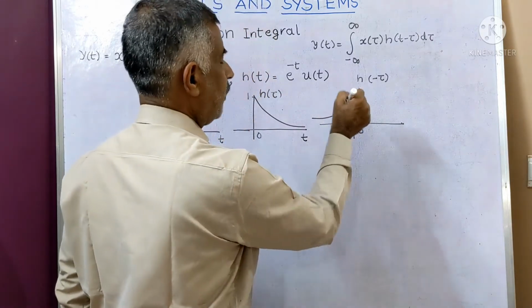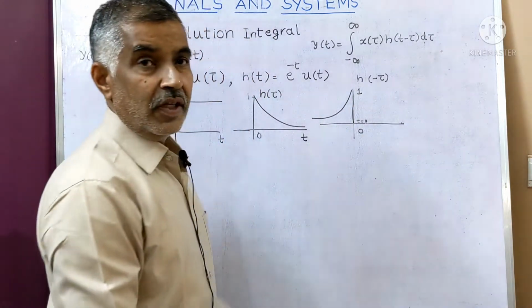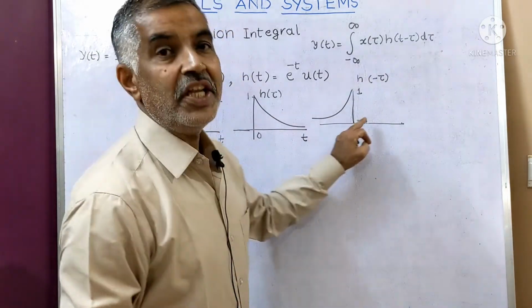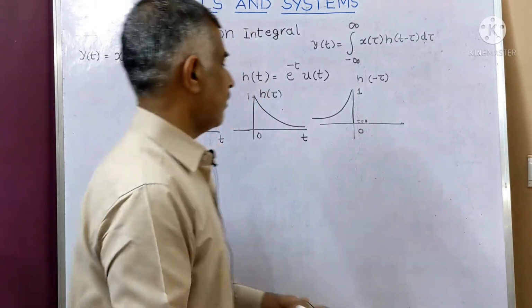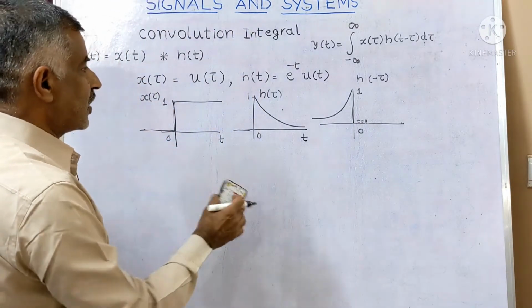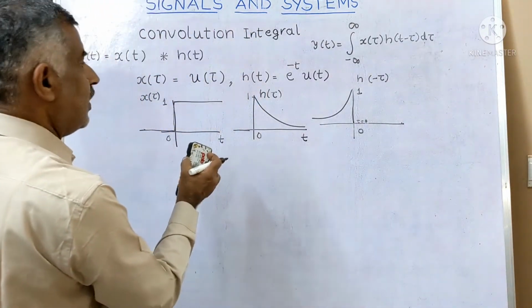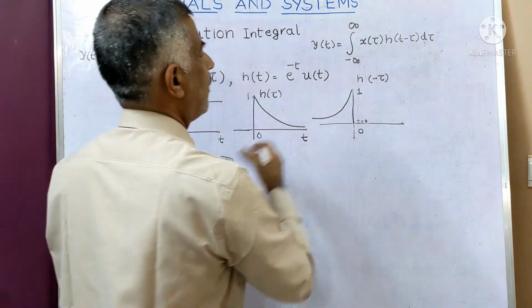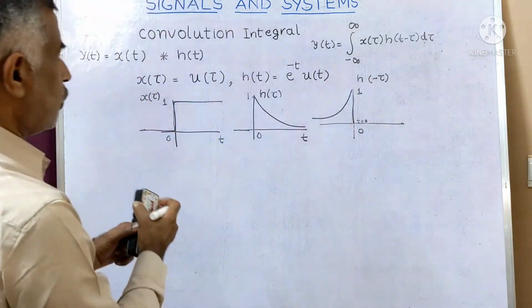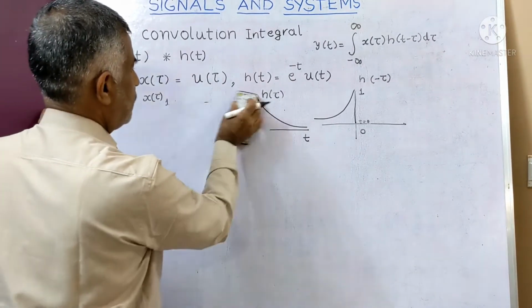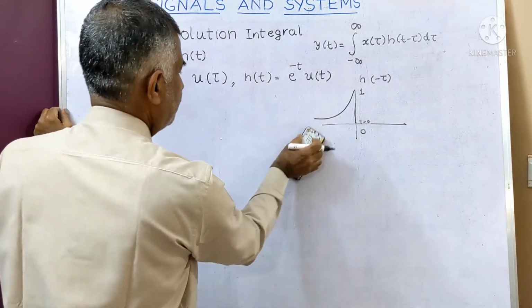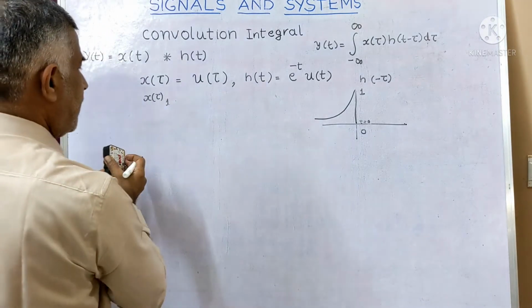If you shift this by t units, then this edge is called the t edge, because it is at t equal to 0 and you have added t. Now I will sketch the shifted waveform, then it becomes h of t minus tau.